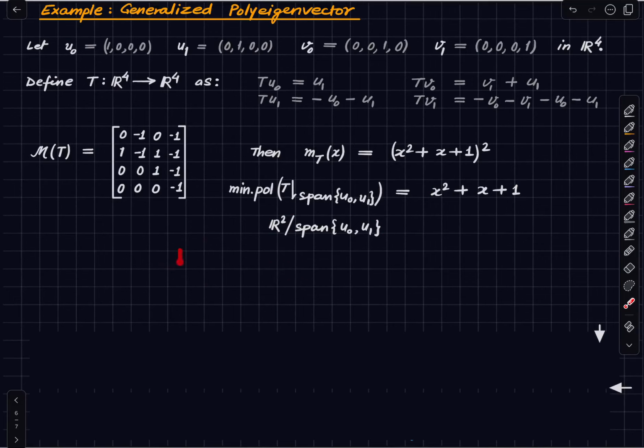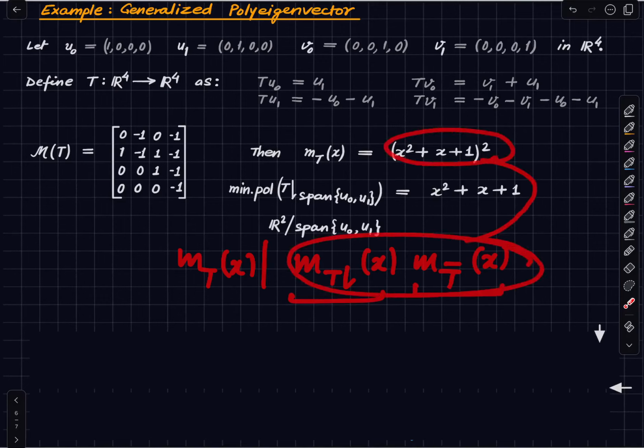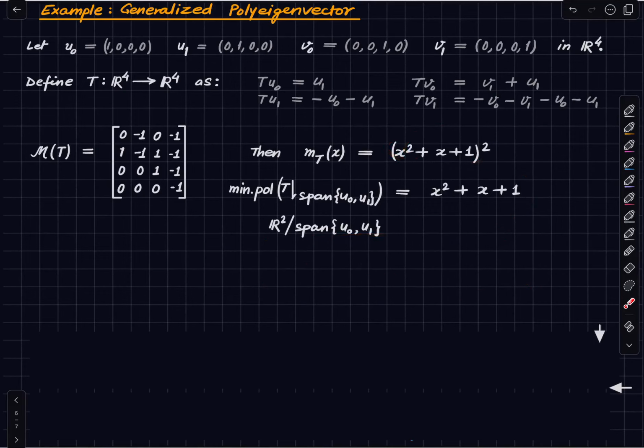Sorry, let me write that again. So this thing divides the product of these two things, the minimal polynomial of the restriction and that of the endomorphism on the quotient. This thing is equal to that. So therefore we deduce that the minimal polynomial of T either is equal to this or is equal to the thing inside.